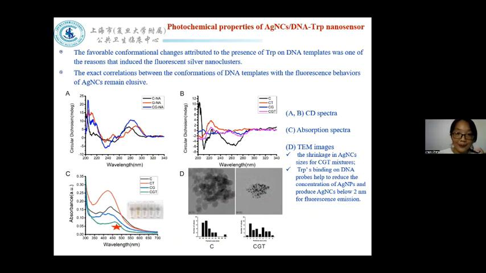And after the addition of tryptophan, from the TEM images, we can see that the silver nanoclusters have shrunk to sizes below 2 nanometers. And these sizes of silver nanoclusters can contribute to the fluorescence emission.